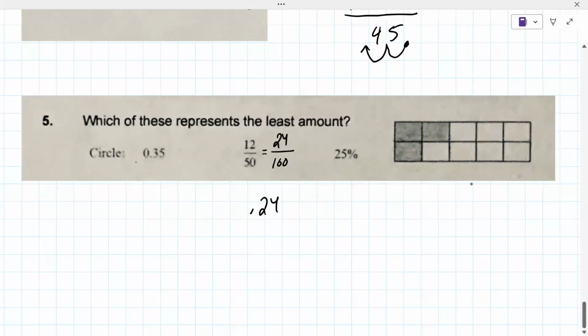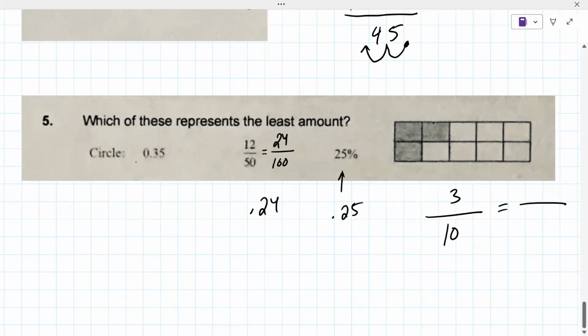0.24. Okay, and then 25% is 0.25. Okay. And then what's the last one? It's 3 shaded out of how many? 3 shaded out of 10.